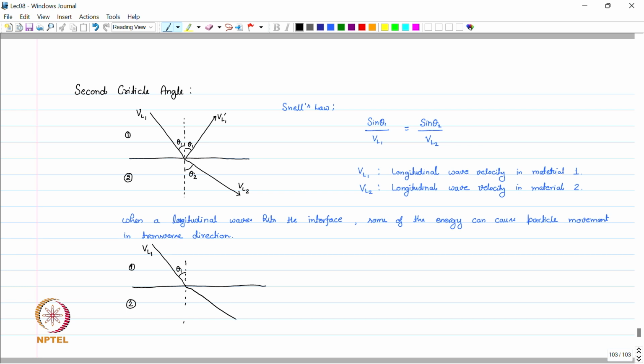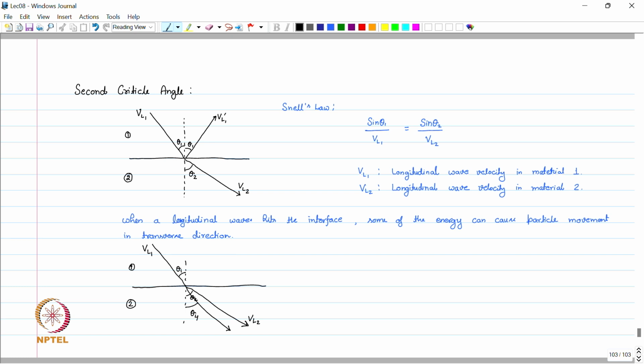Some part will be VL1, the longitudinal wave at theta 2, and some energy will be going into a different kind of wave, which is a shear wave, at an angle theta 4.